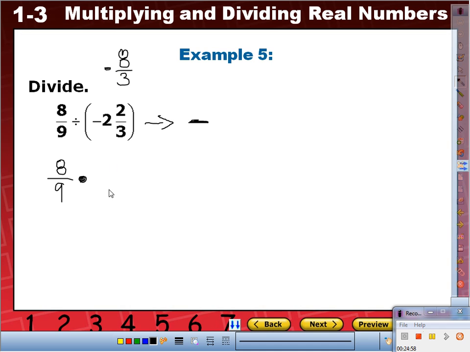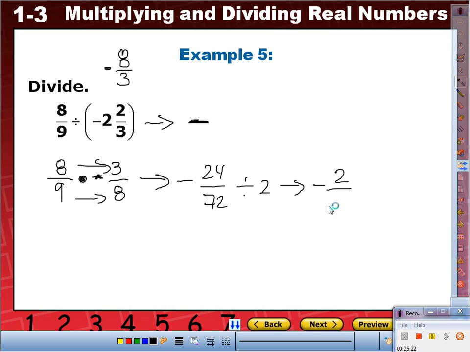So what is the reciprocal of negative 8 over 3? Negative 3 over 8. So therefore, this is negative 24 over 72. Okay? And last step, simplify to lowest terms. What do we divide by? Okay, divide by 12, so we end up with negative 2 over 6. Can we simplify a little bit more?